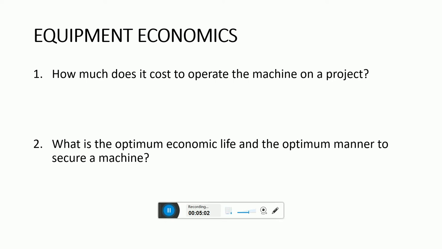The process of answering this question is known as replacement analysis. These two questions require different inputs and experience of how many expenses and operating factors are involved. These input factors we will discuss in the further slides.